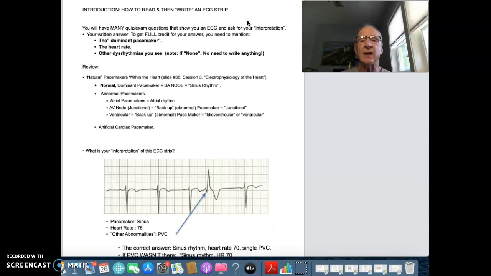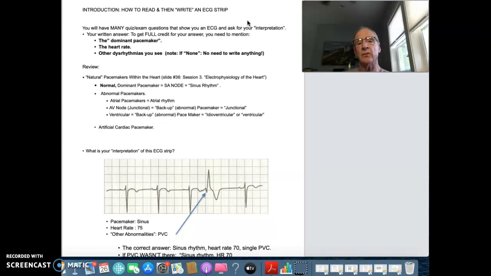So today I would just like to review a little bit on what we mean by pacemakers. There are two groups. The first group, the larger, the natural pacemakers. These are the pacemaker areas in the heart that are supposed to be there.